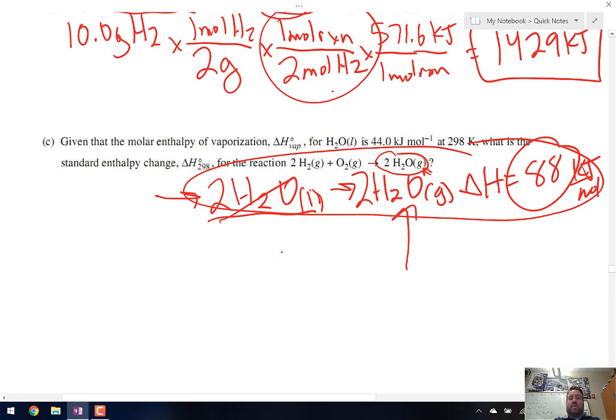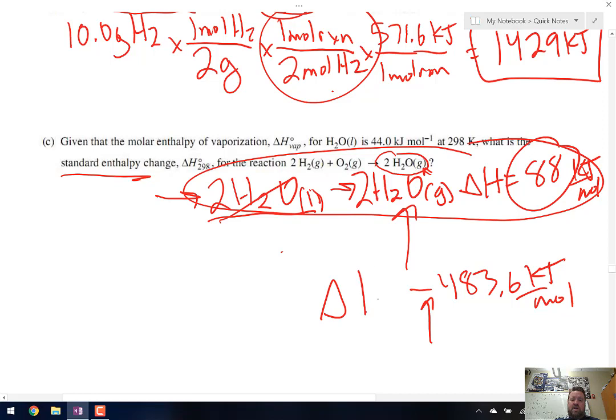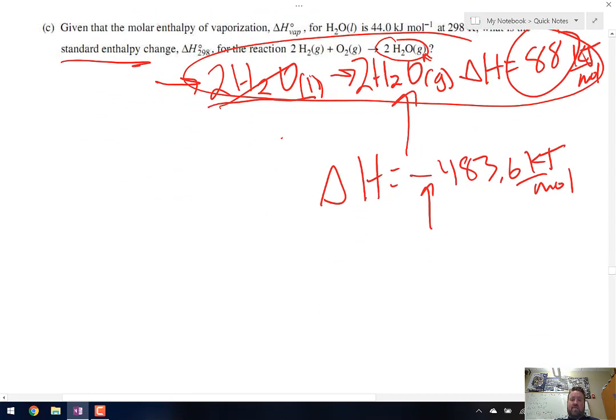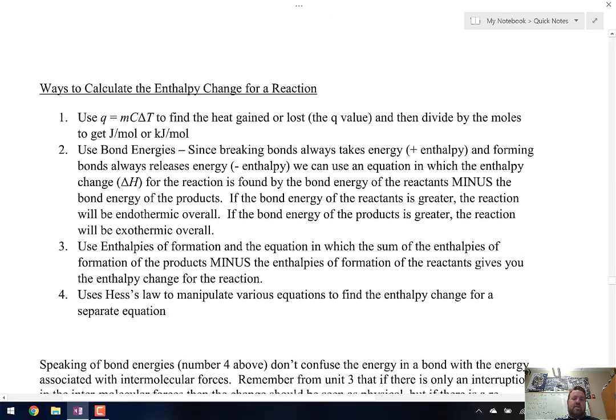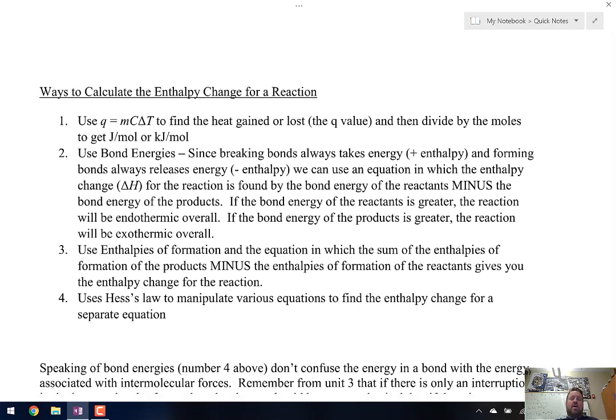And so to get it to a gas rather than a liquid, it only releases 483.6 kilojoules per mole instead of the negative 571.6. Okay, and it says what's the enthalpy change? So yes, we do need that negative in there. So the delta H, when we add those two equations together, gets us to negative 483.6.